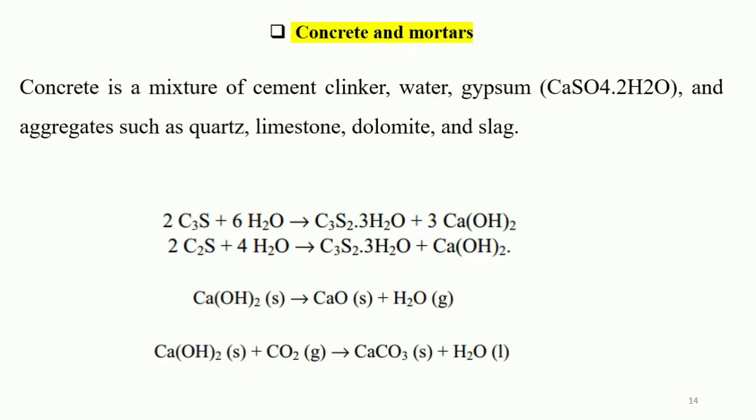The tricalcium silicate trihydrate derived from these reactions has extremely small particles and forms a colloidal suspension. Calcium hydroxide is a crystalline solid which is obtained in both reactions.